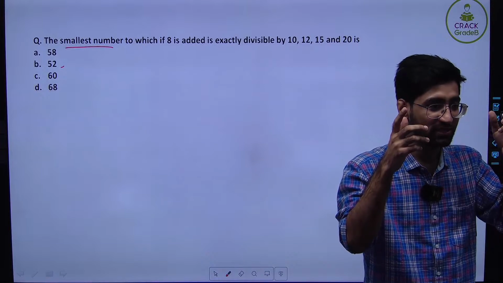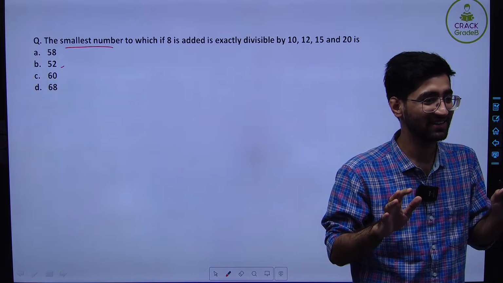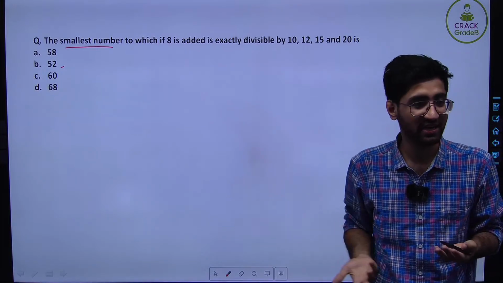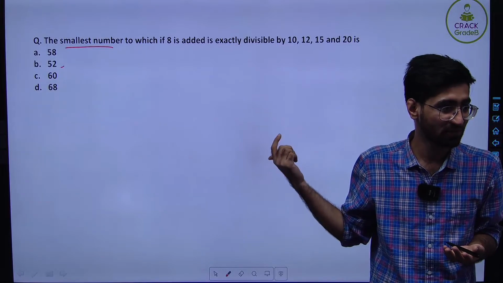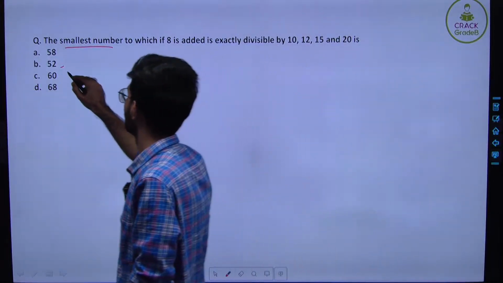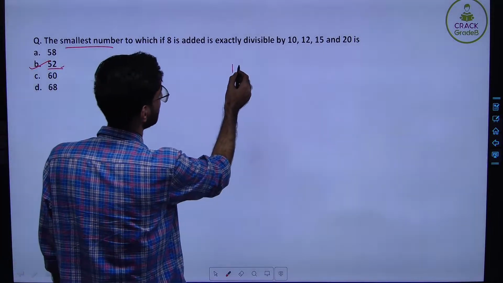If you are not able to think whether you should find the LCM or the HCF, no issues. We can expect 1 to 2 questions of this kind in CSAT. We have also seen a few questions, right? So again, if you use options, we got 52 as the correct answer, but let us solve it by using the simple method.